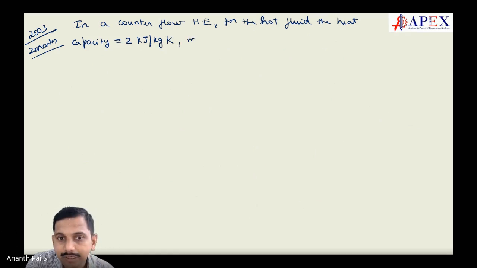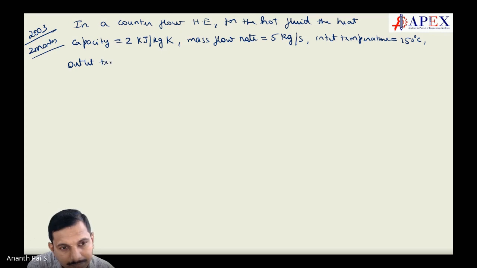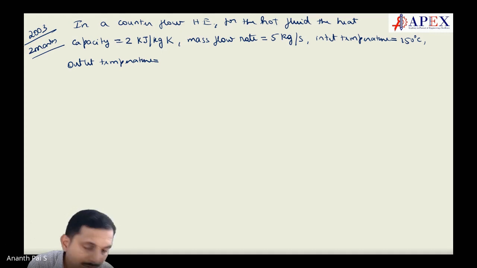Mass flow rate equals 5 kg per second. Inlet temperature equals 150 degrees centigrade. Outlet temperature equals 100 degrees centigrade.